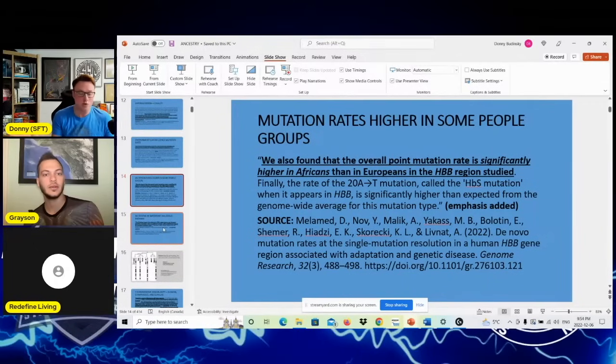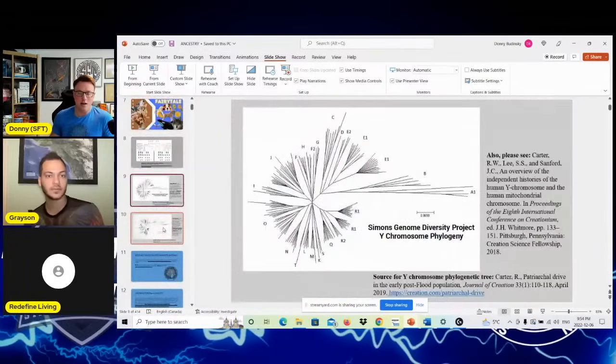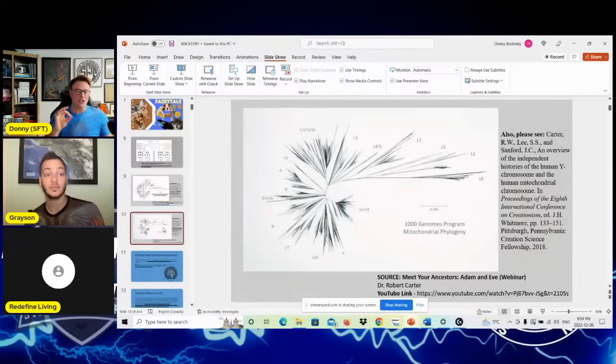Okay, this is another paper from 2022. We have specific regions within the genome where it's significantly higher in Africans than in Europeans. Okay, so you have to say, and correct me if I'm wrong, your phylogenetic rate is more accurate, because essentially the reason why we have such low variation, few DNA differences in the mitochondrial chromosome, is because although the per generation mutation rate is fast, most of those are going to be lost over time and are never actually fixed.